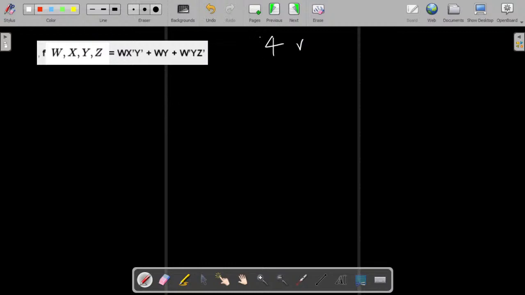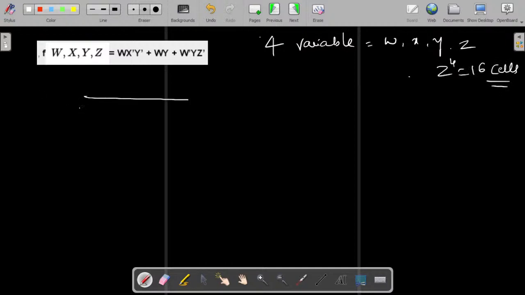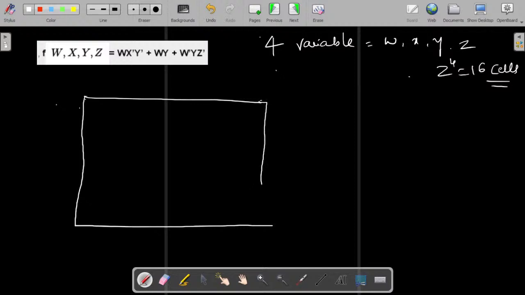There are 4 variables, that are w, x, y and z, right? 2 raised to 4 means how many cells? 16 cells are required. So now I will draw a table, the graphical representation for this 4 variable K map. So here this is the K map.